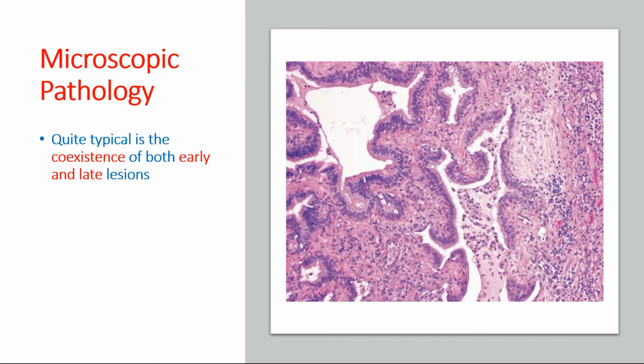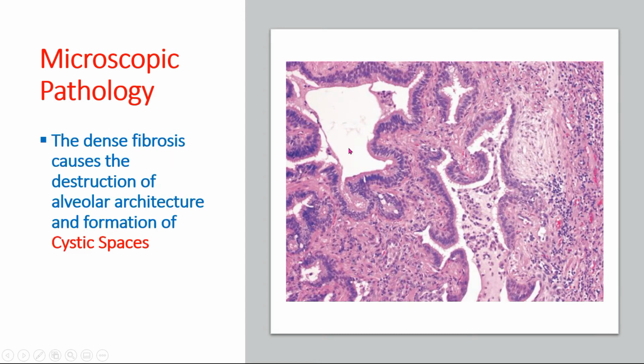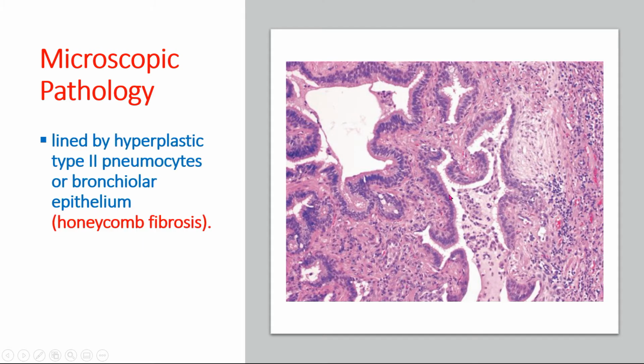So it is very typical to see both lesions together, early and late. And also you can see these cystic spaces lined by type 2 pneumocytes or bronchiolar epithelium. Here you can see it lined by bronchiolar epithelium, and this is the honeycomb pattern.